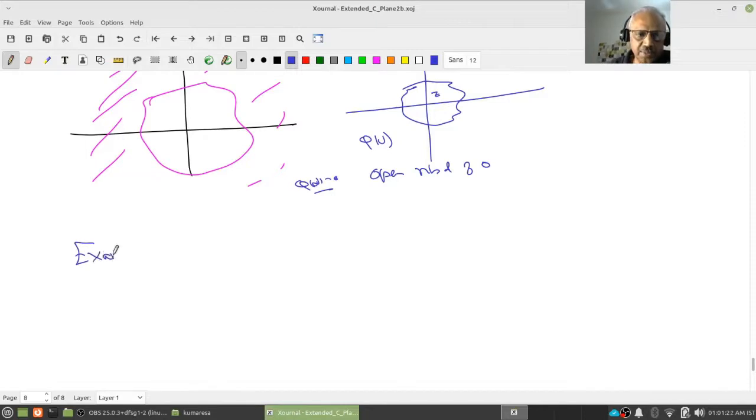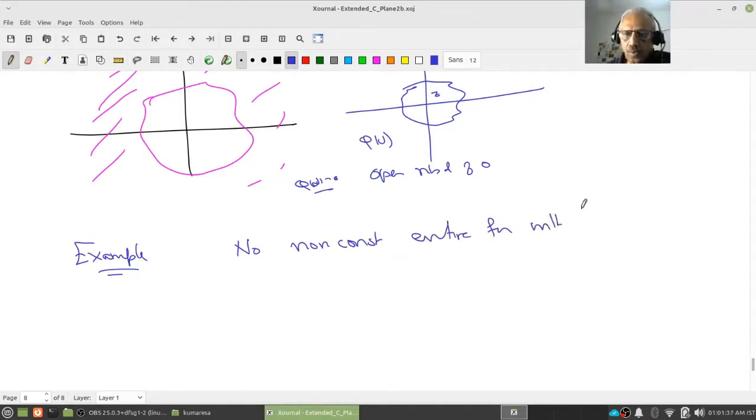There is a subtle point. I'll come to that in a minute. No non-constant entire function will be holomorphic on U, where U is an open set containing infinity.